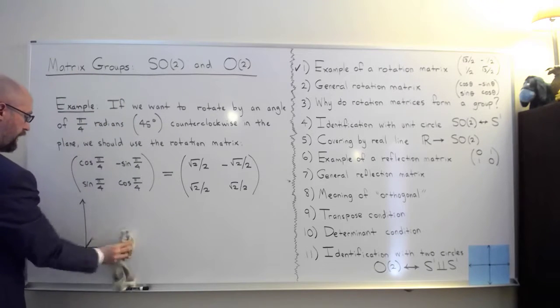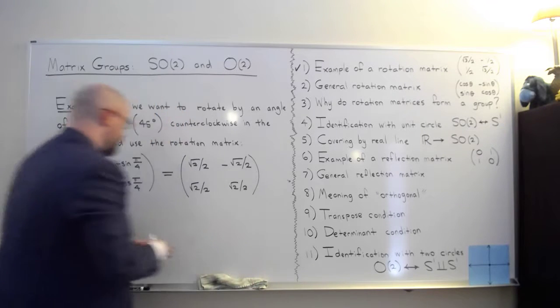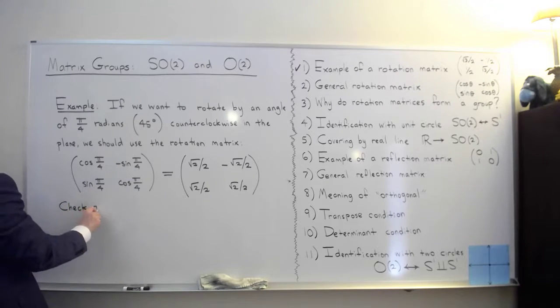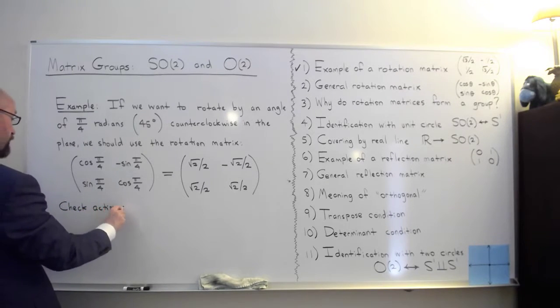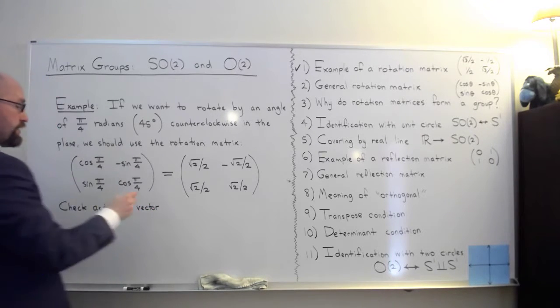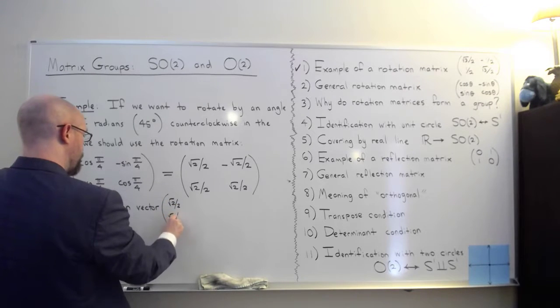And now let's just check with an example that this matrix does what you expect it to. So check the action of this matrix on the vector. And now I'm going to choose a special vector, which is square root of 2 over 2, square root of 2 over 2.